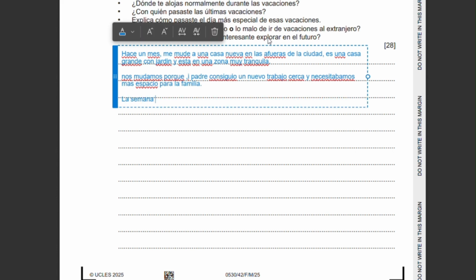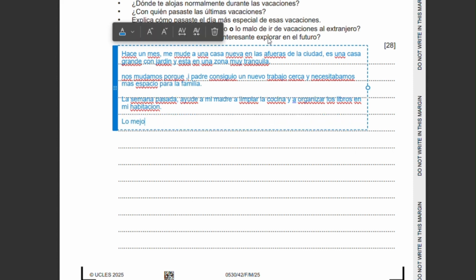La semana pasada ayudé a mi madre a limpiar la cocina y a organizar los libros en mi habitación.